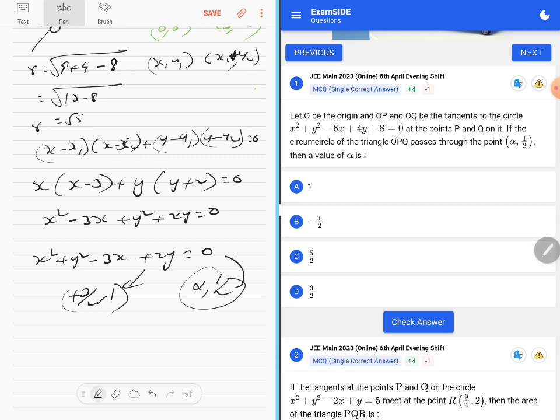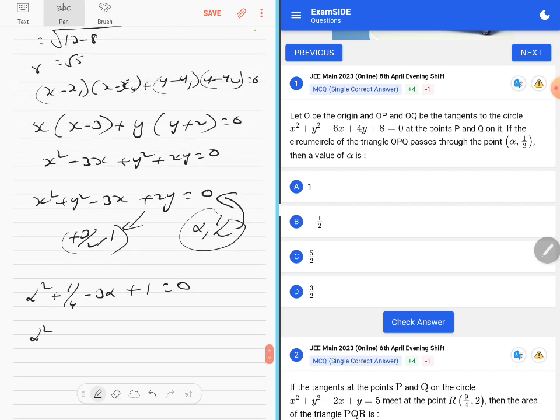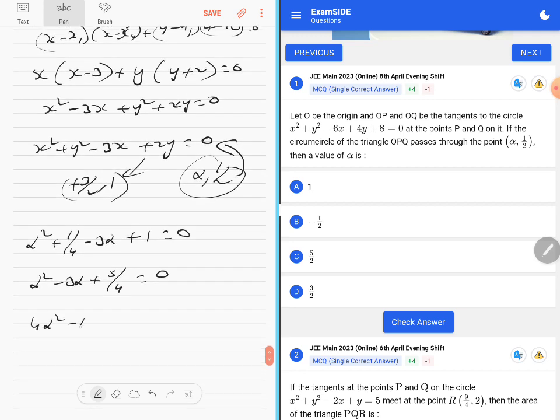Since the circle passes through it, alpha square plus 1 by 4 minus 3 alpha plus 1 equals 0. So alpha square minus 3 alpha plus 5 by 4 equals 0, that is 4 alpha square minus 12 alpha plus 5 equals 0.